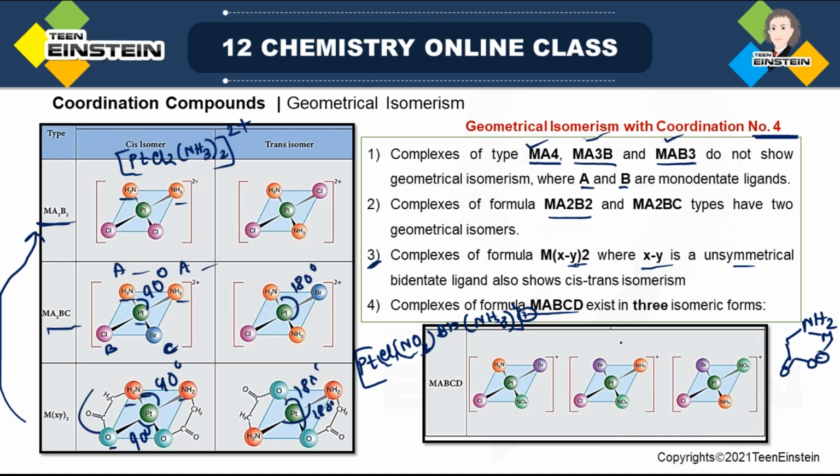Remember, three isomeric forms are possible, and these are the three possibilities written here. You can also try to draw other isomers, but you will see you cannot get more than three. So for MABCD type in square planar geometry, a maximum of three geometrical isomers are possible.